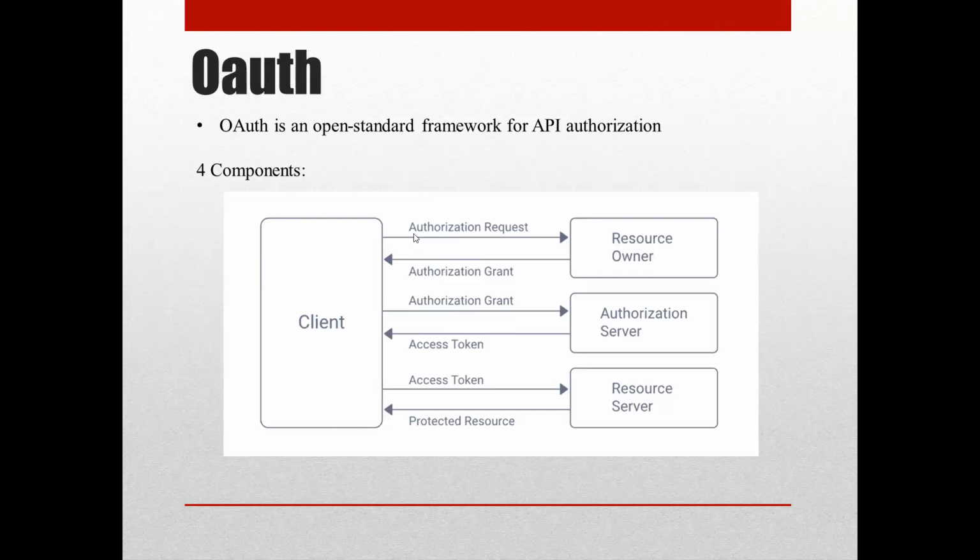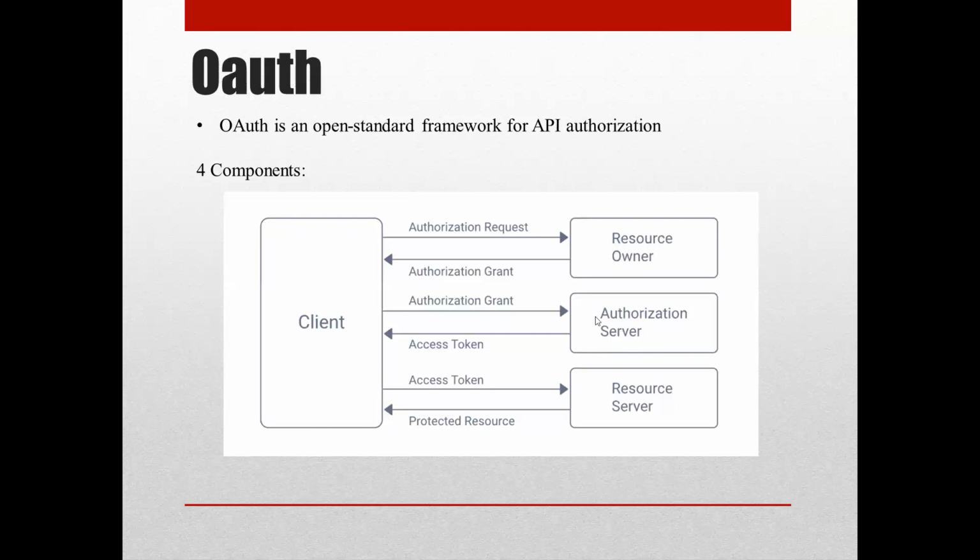So this is the flow: the authorization request is sent to the particular resource server, and the client will be asking for that user request. The user has to grant that request. Okay, you can proceed. So the client, LinkedIn, will be asking the authorization server for the permission or for a token. This authorization server is nothing but Google, right?